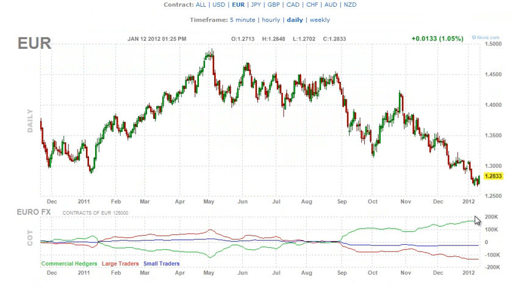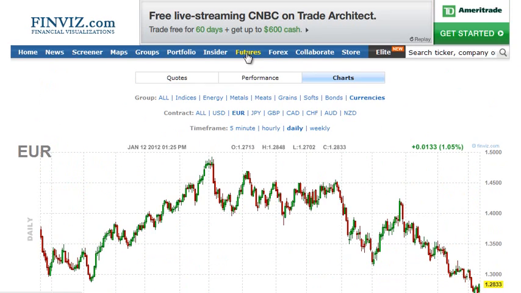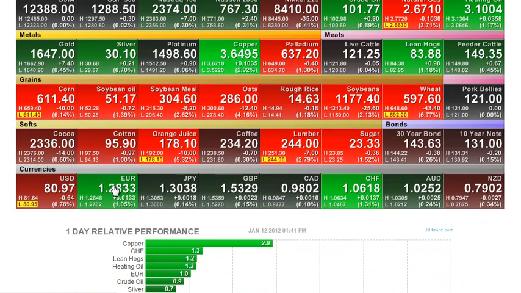What could happen here, though, eventually? Could we transition out of the downtrend in the euro US dollar, or out of the uptrend on the dollar index? When I say transition, I don't mean going from a downtrend to an uptrend, or from an uptrend to a downtrend.